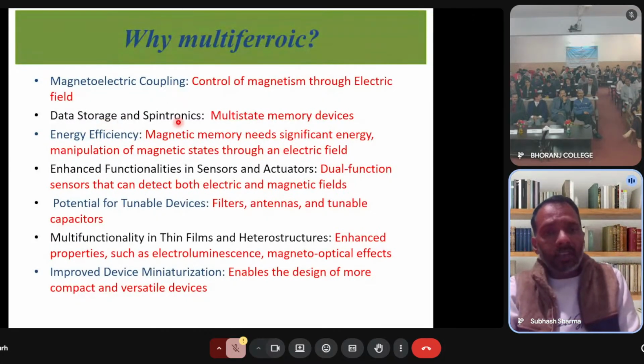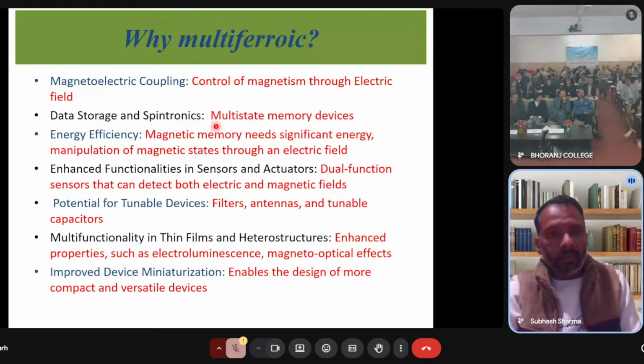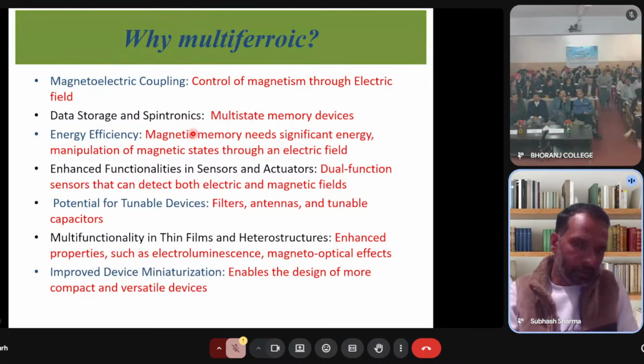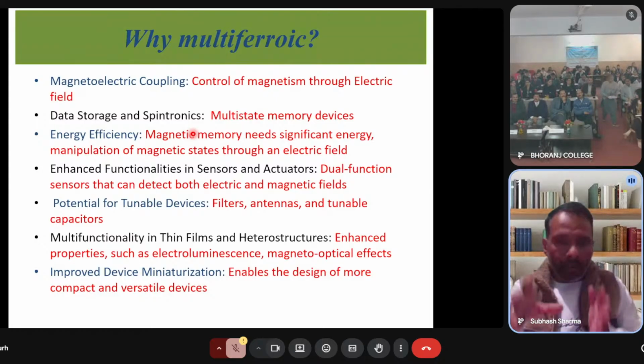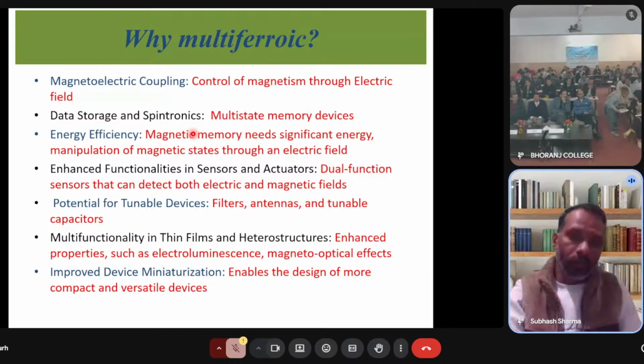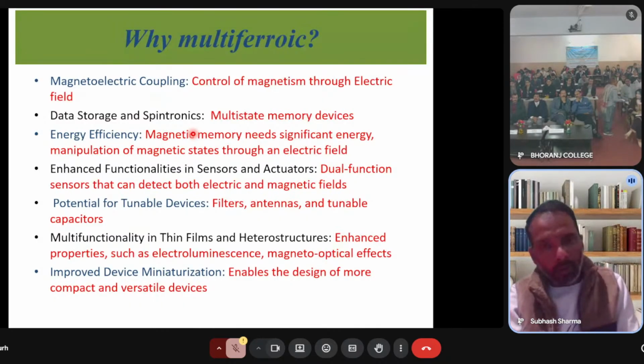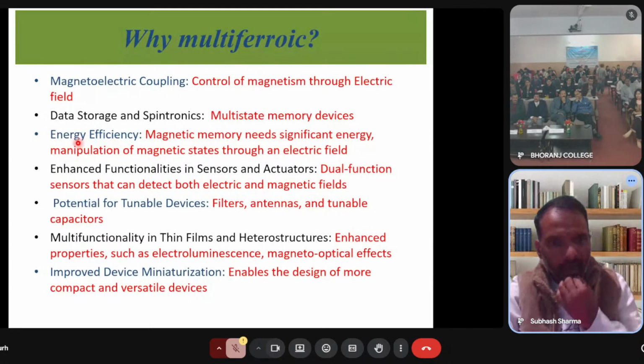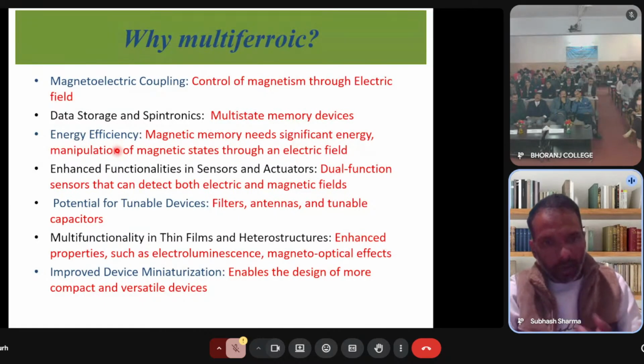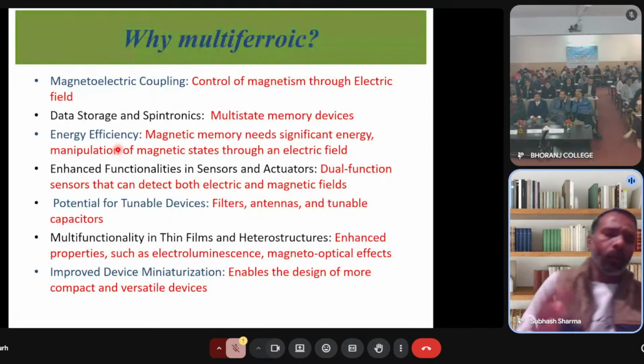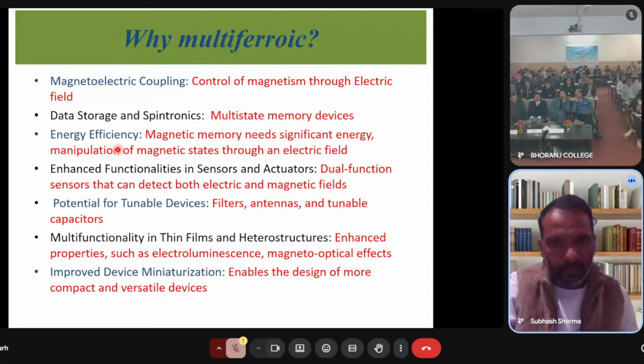Then data storage and spintronics. If you have a multiferroic material, multiferroic means your material has more than one ferroic order. So definitely, if you have two ferroic orders, you have multi-state memory devices. In detail, I will explain in just a few minutes. Energy efficient, as I told you, once you control magnetic parameters or magnetic spins by electric field, we can go towards spintronic devices.